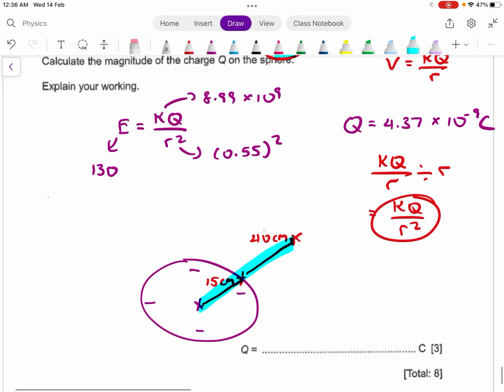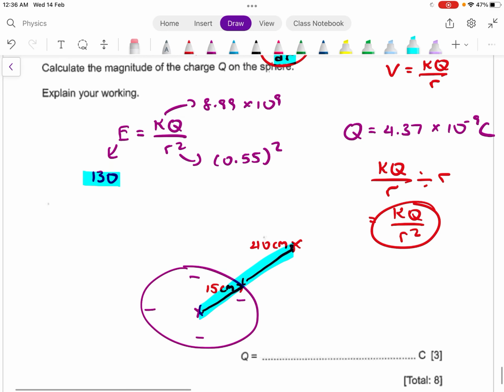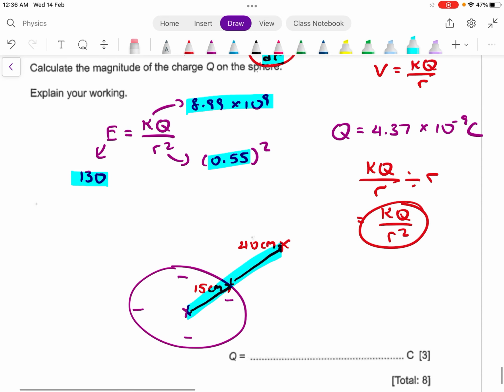So I know what my R is already. The E field is 130. We know that k is 8.99 times 10 to the 9. For R square, you just put 0.55 in brackets, squared. When you do the calculation for Q, you should get 4.37 times 10 negative 9 coulomb. So that is how you get the answer.